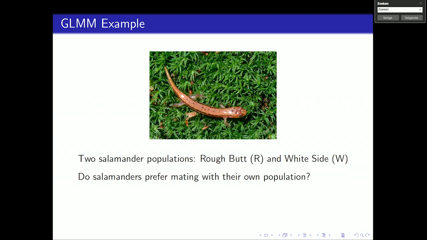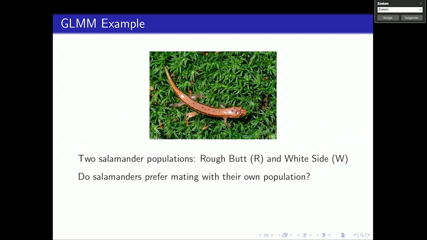Okay, so let's see a little example. This is always entertaining to me, but we'll see what you think. We have a single species of salamander, but they come from two different geographic locations. You can imagine that on one side of the mountain we have a group of salamanders called the rough butt salamanders, and on the other side of the mountain we have salamanders called the white-side salamanders.